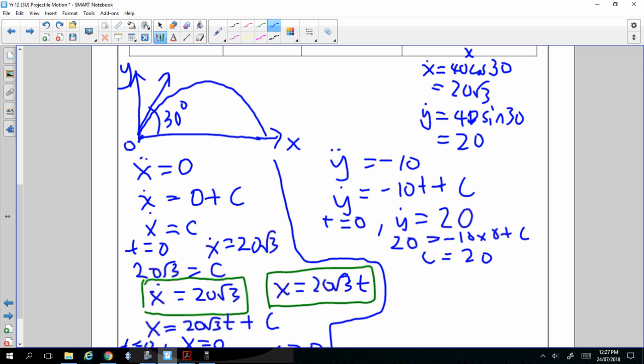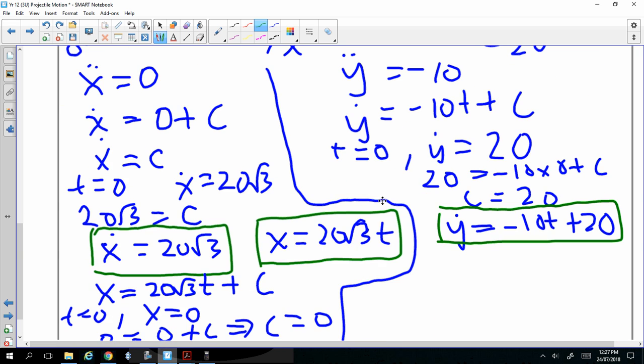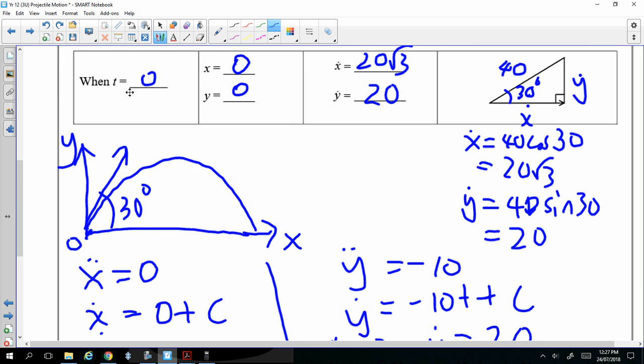Okay, actually I should make the screen a bit bigger. Alright, continuing on, we're going to find y, so we'll do y equals negative 5t squared plus 20t plus c. And like before, we use the initial condition when t is 0, y is 0. So write 0 equal to 0 plus c, therefore c is 0.